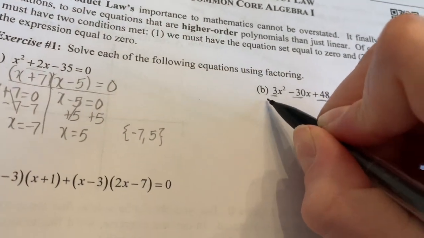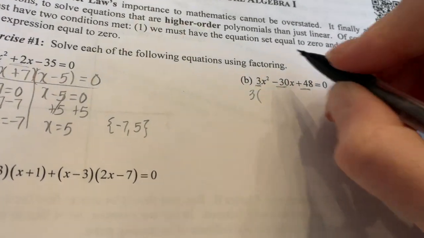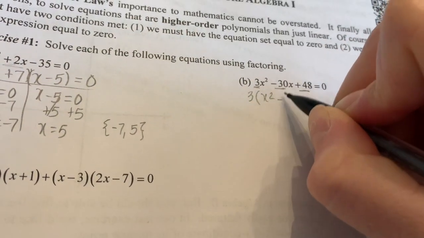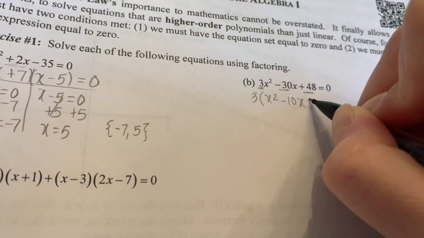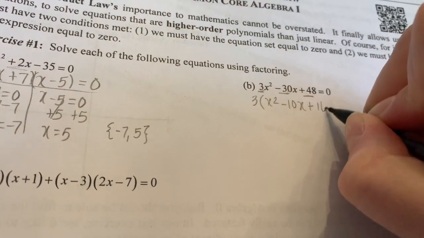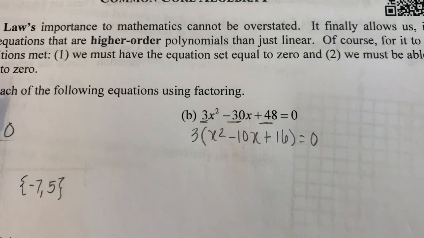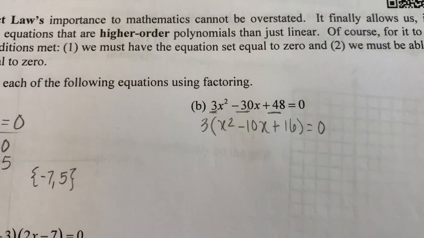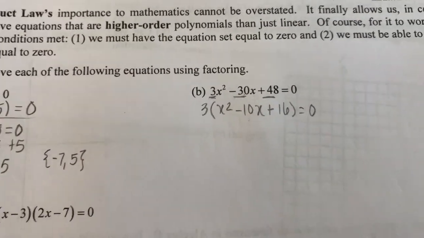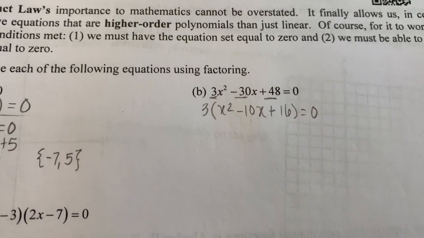So if I take a GCF of 3 out, I'm left with x squared minus 10x plus 16 is equal to 0. And now this I can easily factor instead of having to go through the whole process of grouping, which would not go well for you.